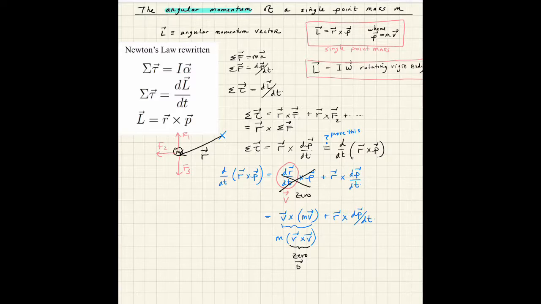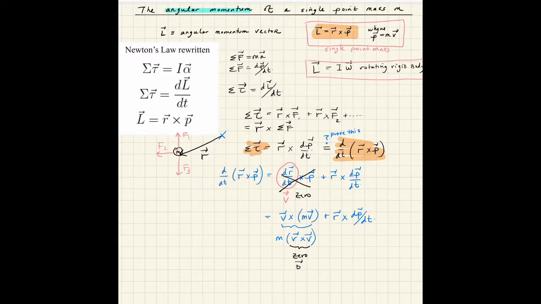And so you'll notice that what that means is that the sum of torques is equal to the time derivative of r cross p. Well, r cross p is how we're defining the angular momentum of a single point mass.